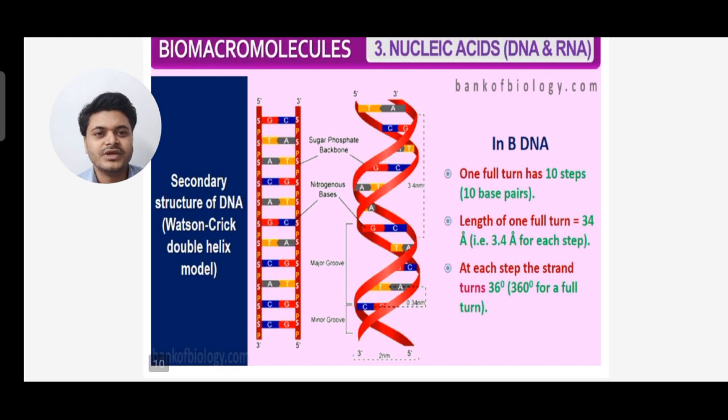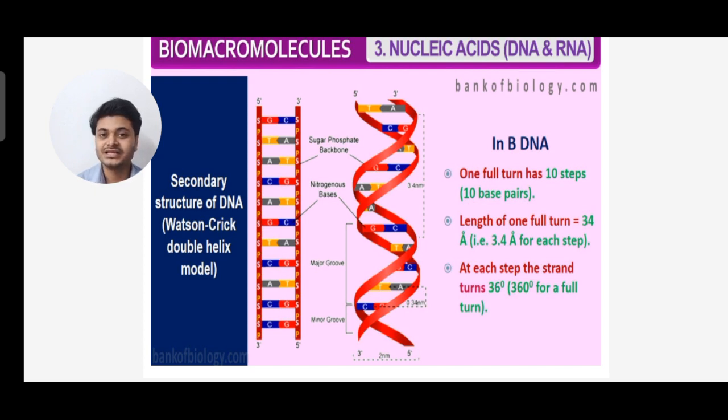So here we have discussed the nucleic acids, the DNA and the RNA. DNA consists of adenine, guanine, cytosine and thymine, and in case of RNA, same thing is there: adenine, guanine, cytosine, and in place of thymine there is uracil.